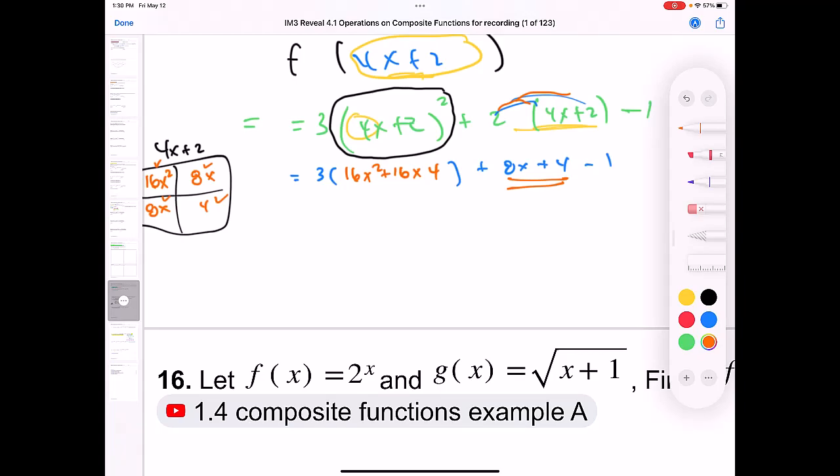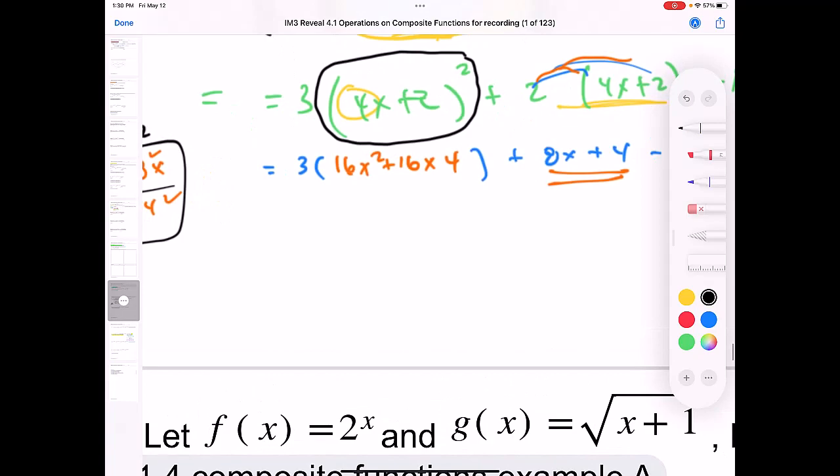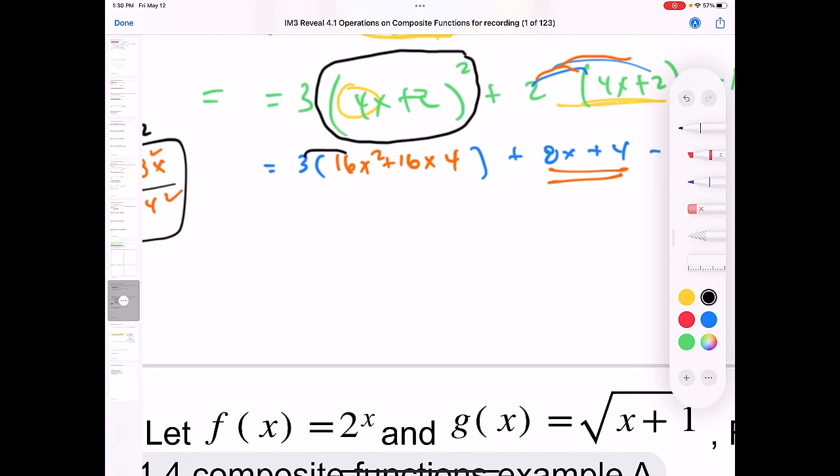Now I'm going to need to distribute here. So that'll become 48x squared plus 48x plus 4. And you no longer need the parentheses, so you'll just drop down all of this.